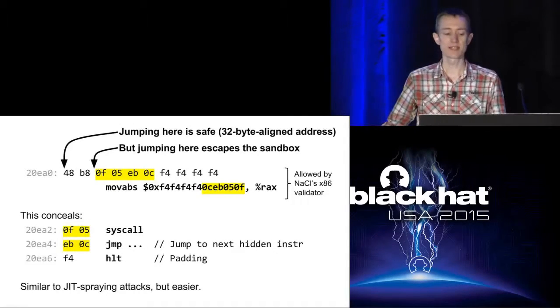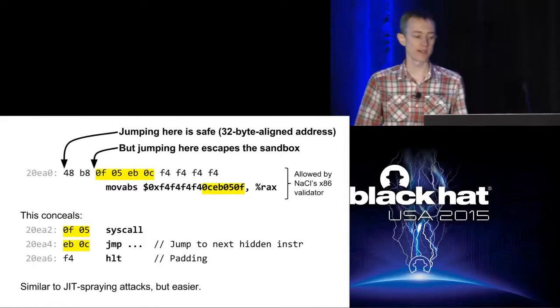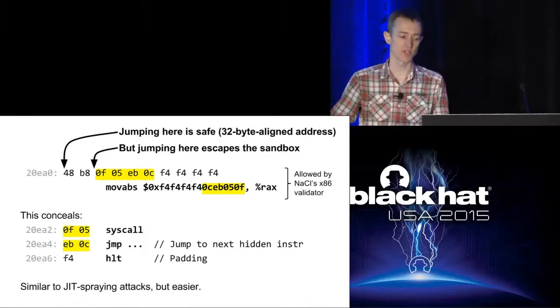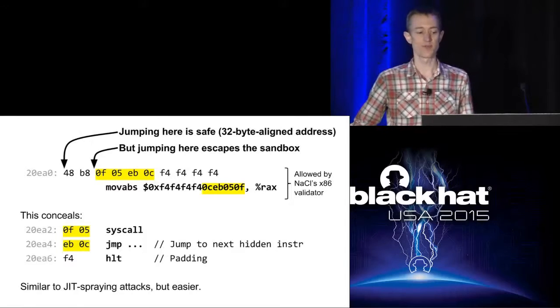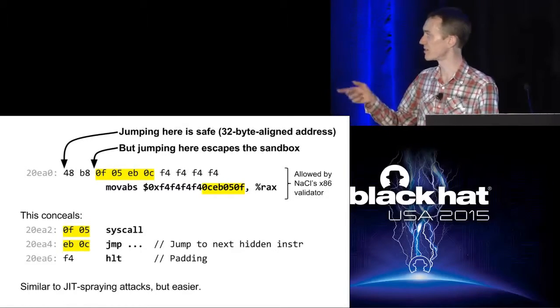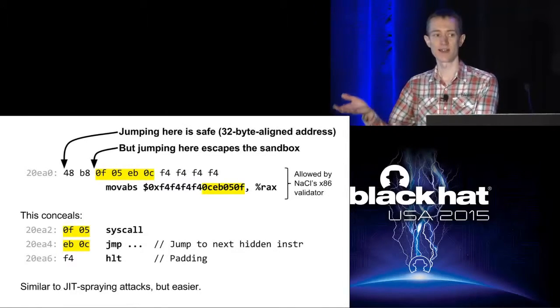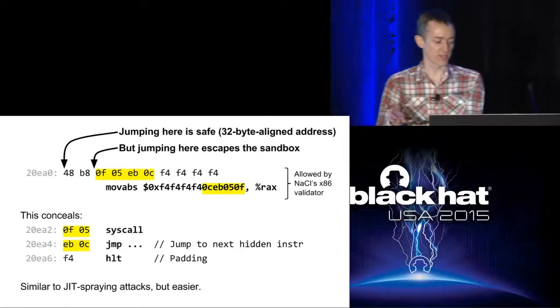And NaCl safety basically works by ensuring you can only do indirect jumps to 32-byte aligned addresses. And NaCl makes sure those addresses only contain safe instructions. But if you can find a way to jump to a non-32-byte aligned address, you can escape the sandbox because you can hide other instructions at those addresses. Like in the example in the slide, you can hide an unsafe syscall instruction inside a safe movabs instruction.